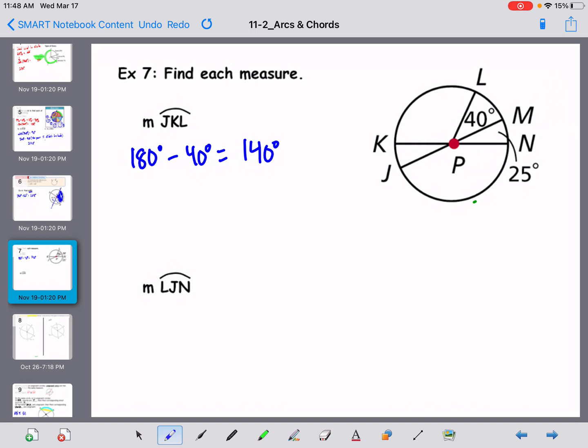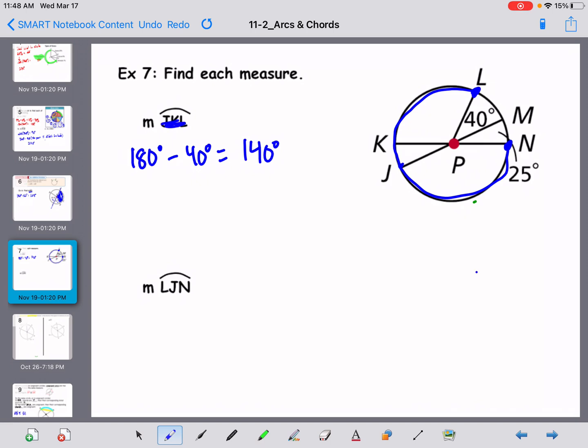LJN. Now, here's the reason I paused for a moment. This is labeled badly.